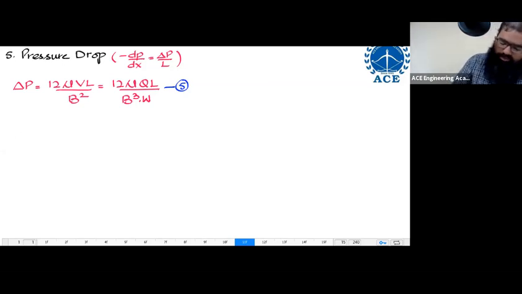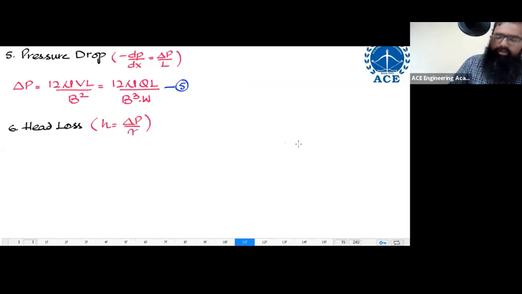Now coming to the sixth formula, the head loss formula. Head loss is equal to delta P divided by gamma.